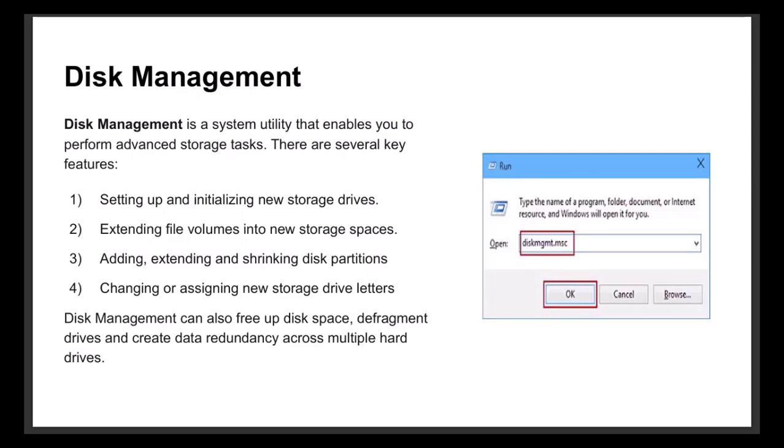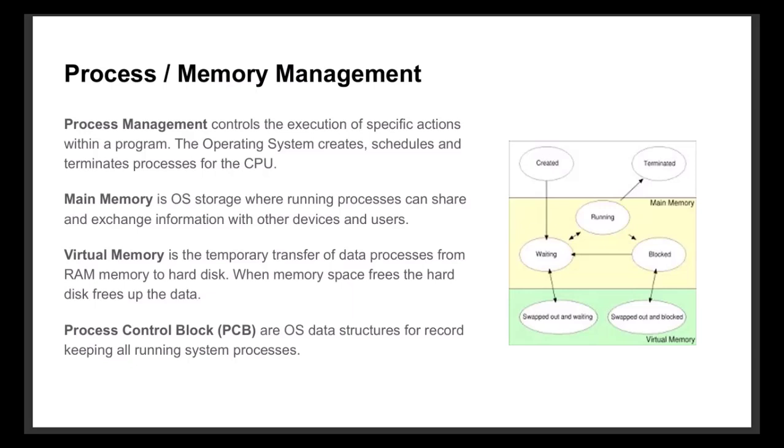The next operating system feature that we want to discuss is process management. Sometimes you also refer to this as memory management. Process management is going to be how our operating system can monitor the processing of our CPU and the allocation of our memory resources.